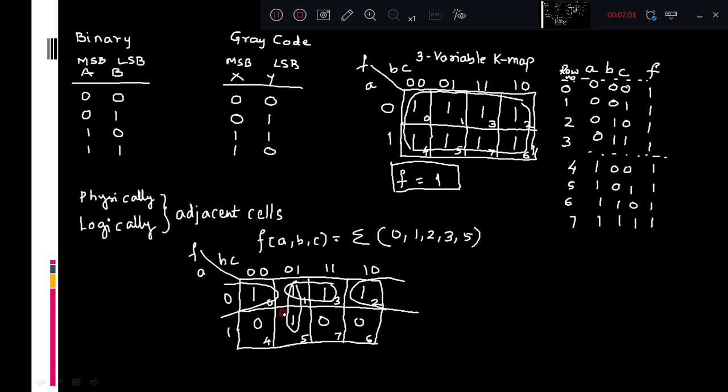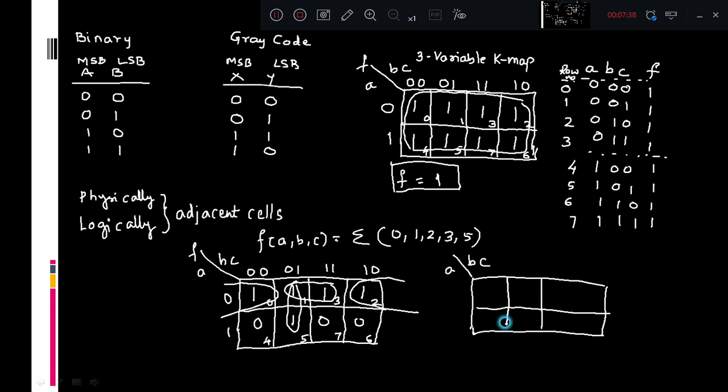So we can group, this is one possibility, physical adjacency by observing 1 and 3, 1 and 5 and logically adjacent cells 0 and 2. This is not the only way in which we are supposed to group. For the same function the K-map may give you multiple solutions. It depends on how we look at the K-map and how we implement the grouping.